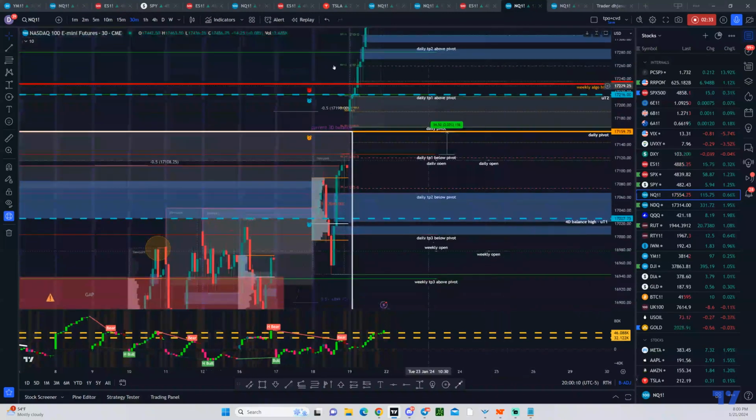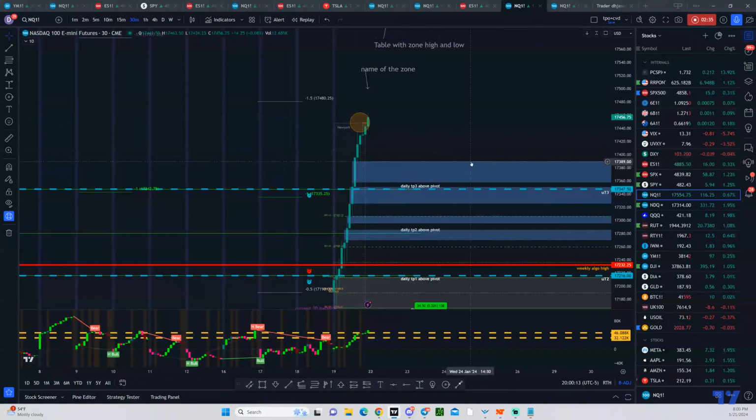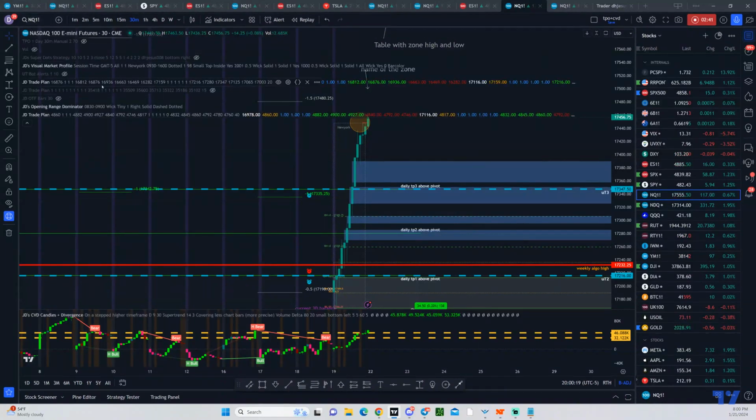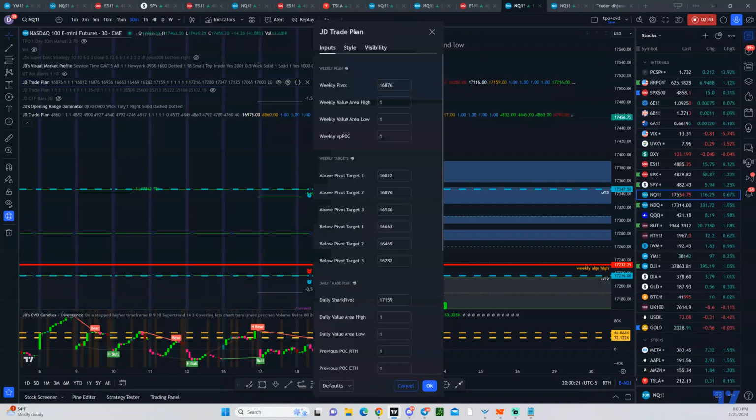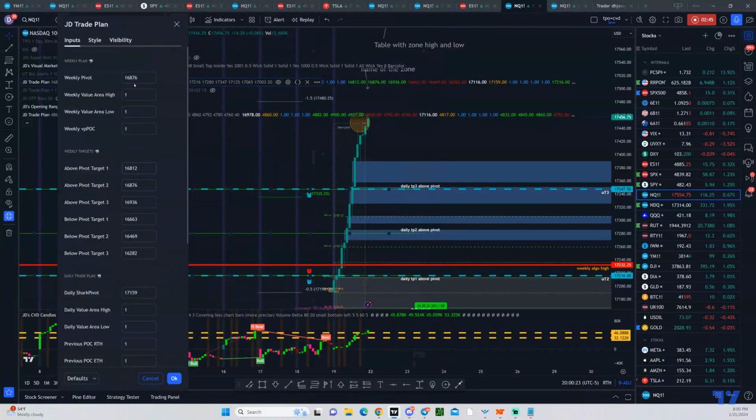And our weekly pivot is going to be placed right here. Let's just call it 390. So in the NQ, the weekly pivot is 17,390. Unbelievable. All right, so that's where we're going to place our weekly pivot.